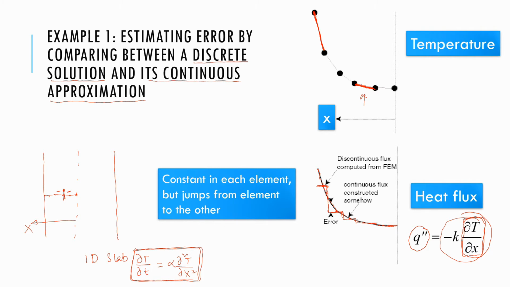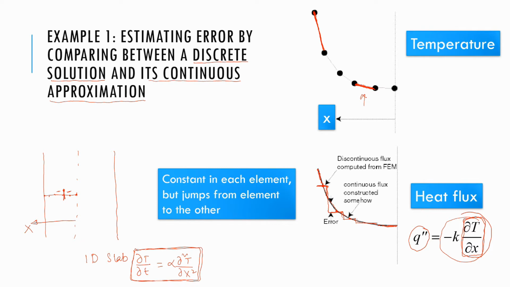It makes more sense that the solution is a continuous quantity. So we have no idea whether this is the true solution. In fact, it's probably not, but it is likely to be an improved solution.